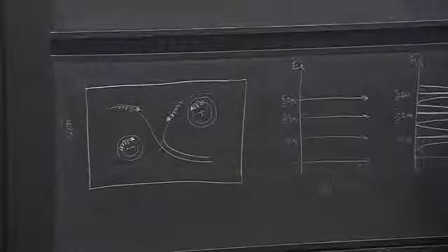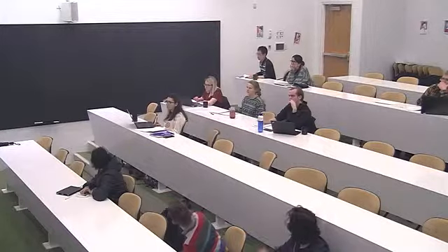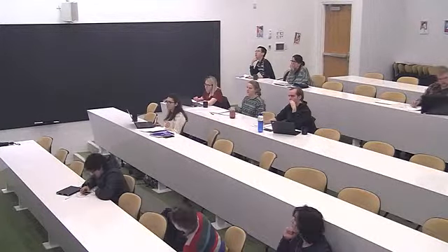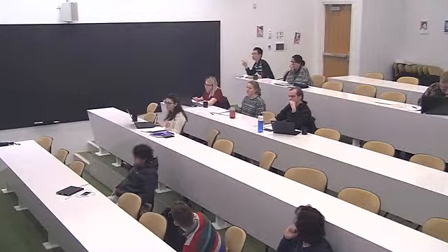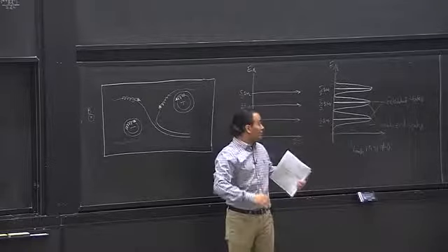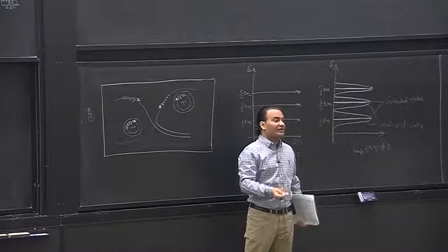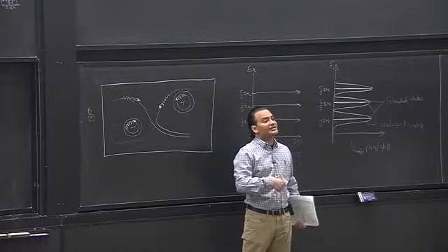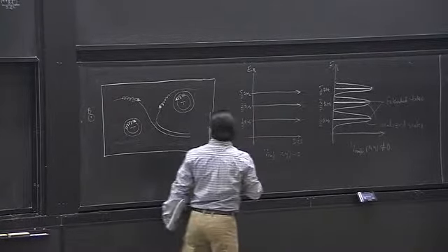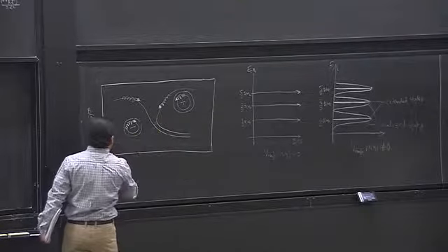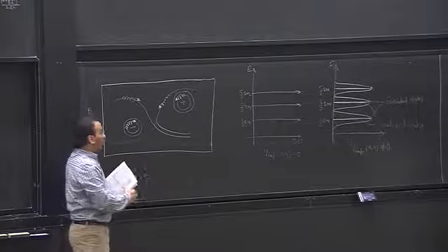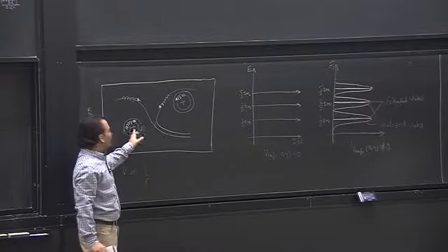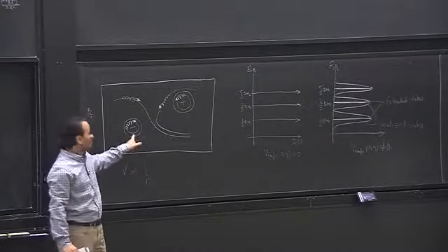Why is the energy of the extended states not shifted? In principle, you have to do a full calculation to see what the shift is. What I'm saying is the shift is very small, motivated by the following reasoning. The electric potential goes as 1 over R, and this is potential coming from these point charges, which are really impurities in the system.